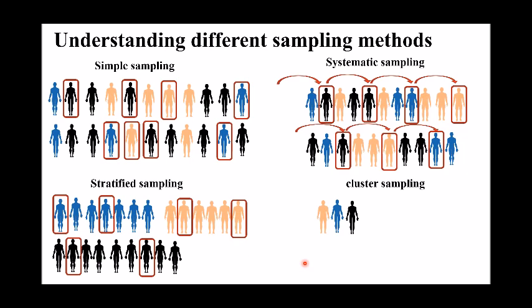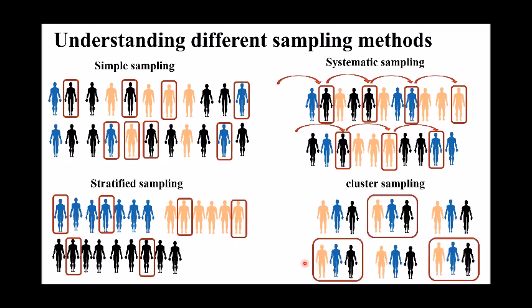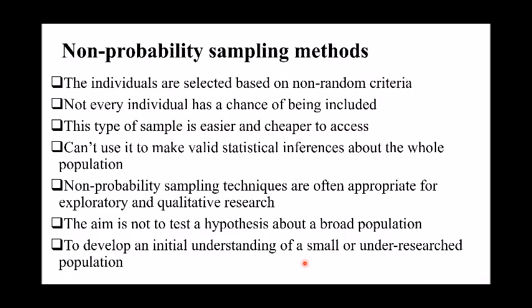You can see you make a group of 3 with different characteristics, and you select the whole groups. So simple, systematic, stratified, and cluster sampling are all probability sampling. You can make inferences about the population, and you can do statistical tests.